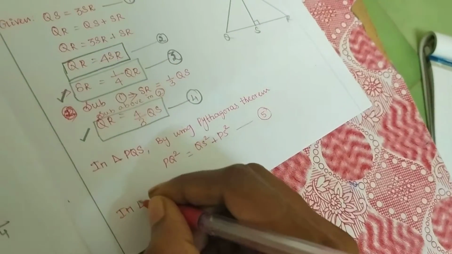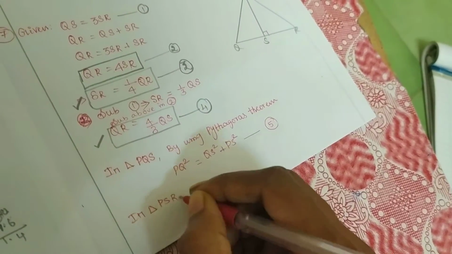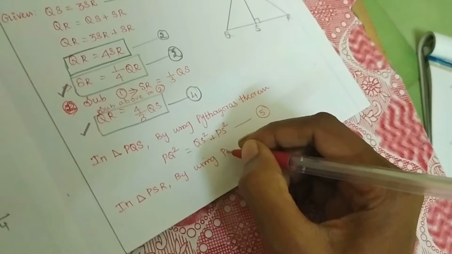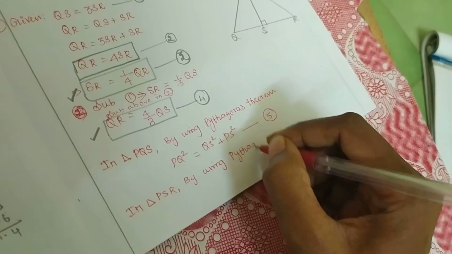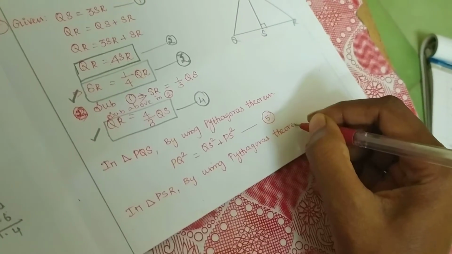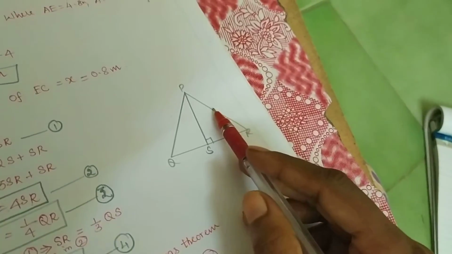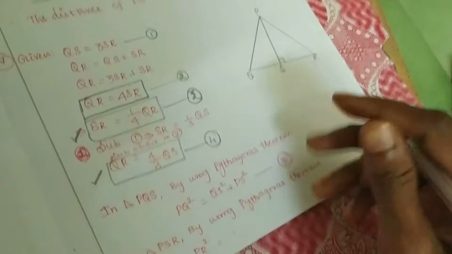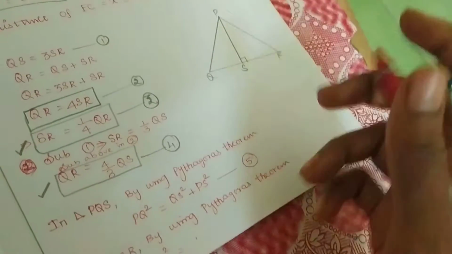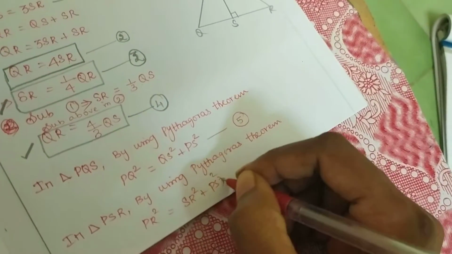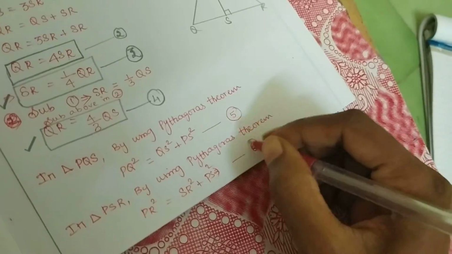In triangle PSR, again by using Pythagoras, because it has a 90 degree angle, the hypotenuse is PR. So PR square equals SR square plus PS square. This is the sixth equation.